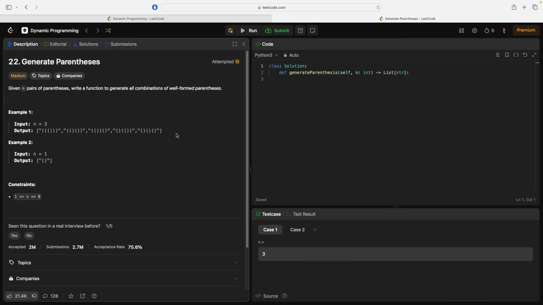I'm gonna change that. Given n pairs of parentheses, write a function to generate all combinations of well-formed parentheses. So, dynamic programming is the concept of essentially building up your solution or building down your solution because of overlapping subproblems.